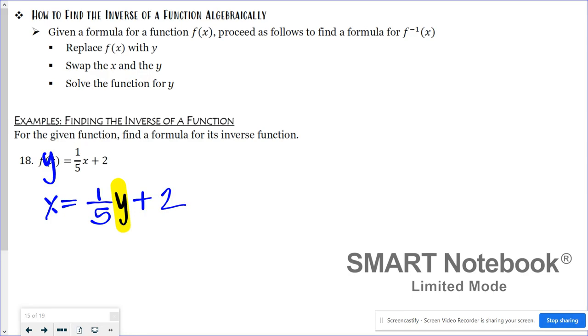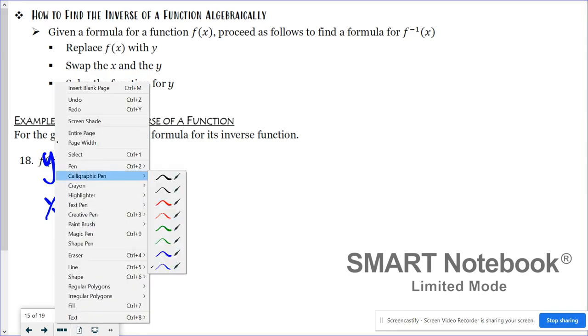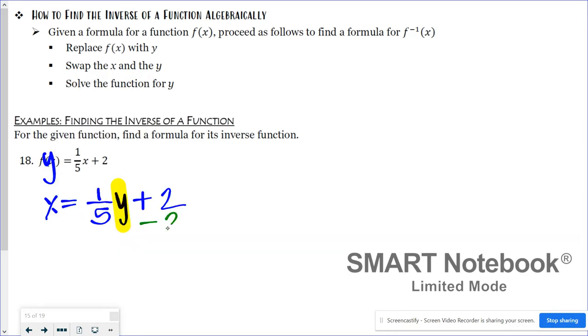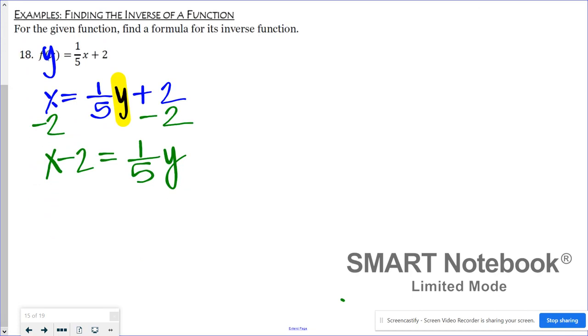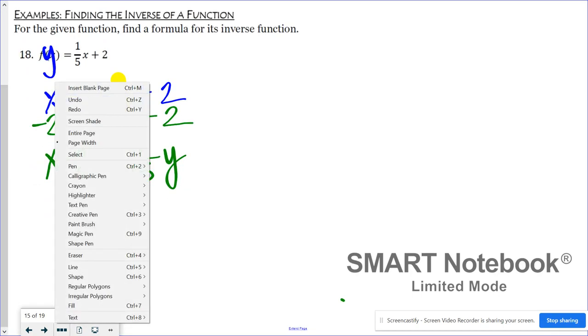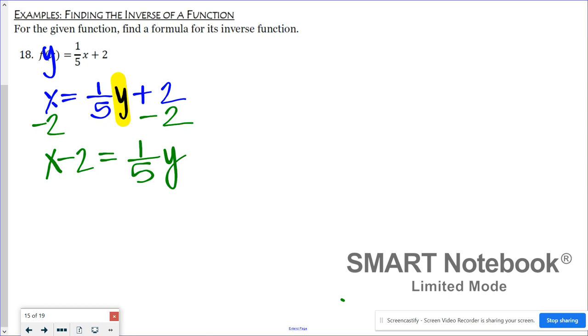So how can I do that? Well, the first thing I would need to do is subtract 2 from both sides of my function equation. This would give me x minus 2 is equal to 1/5 y. My goal is still to get that y all by itself. So what can I do next? Well, I could divide both sides by that 1/5, but that would look really strange. So remember, division and multiplying by the reciprocal do the same thing.